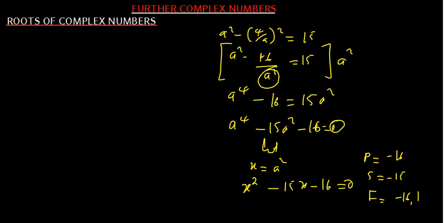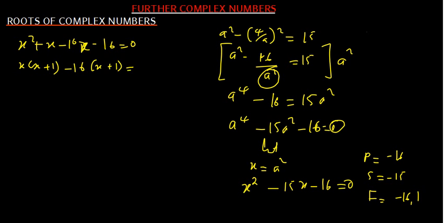And so we can write this one in the form x squared plus x, we are now writing the factors, minus 16x, and then minus 16, and that is equal to 0.